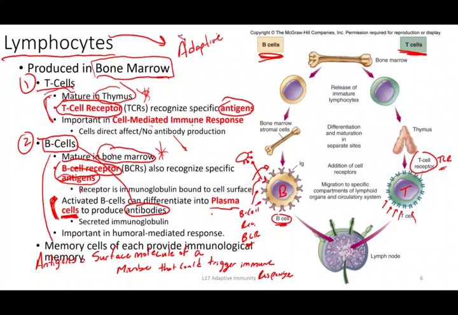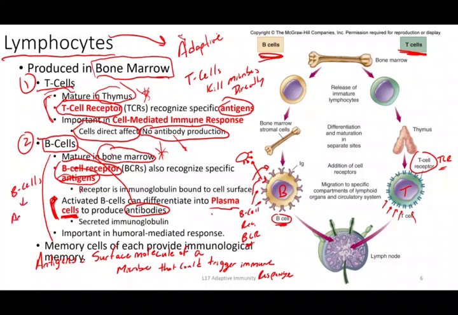T cells do not produce antibodies, but instead the T cells themselves have the effect. What I mean by that is T cells kill microbes directly, whereas B cells make antibodies, and then it's the antibodies that attack the microbe.